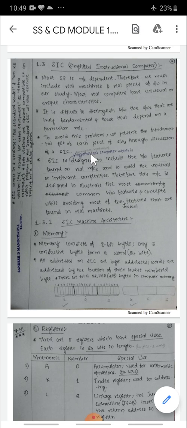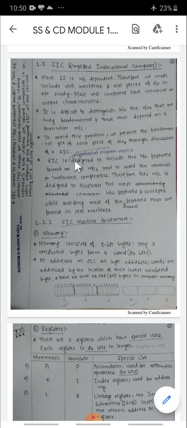So this SIC itself is called simplified instructional computer. Very simple instructions we are going to give to this computer. SIC is a hypothetical computer. Hypothetical is nothing but assumption or imagination.